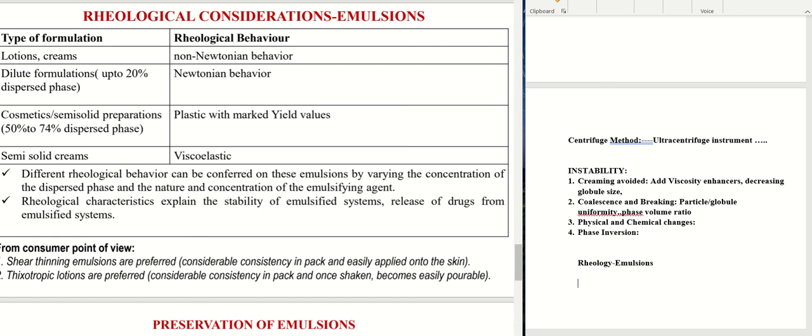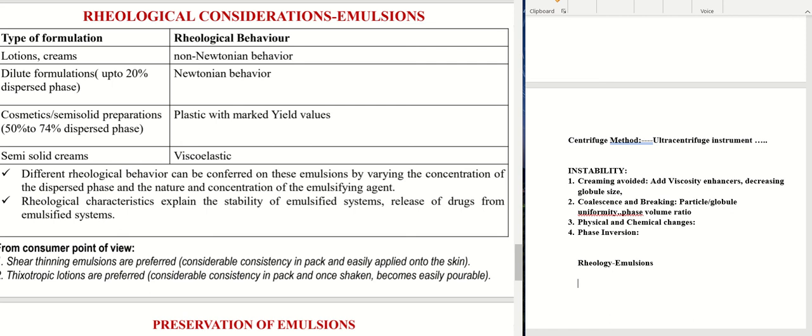For example, let's consider lotions and creams. They show a non-Newtonian behavior. Let's recollect what non-Newtonian behavior is. Give it a thought. Just recollect Newtonian behavior versus non-Newtonian behavior.